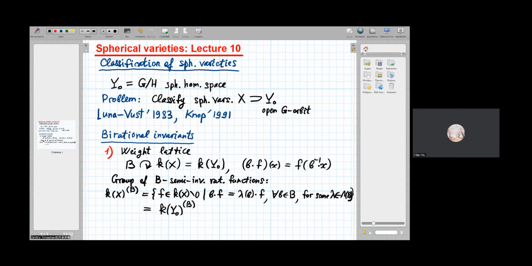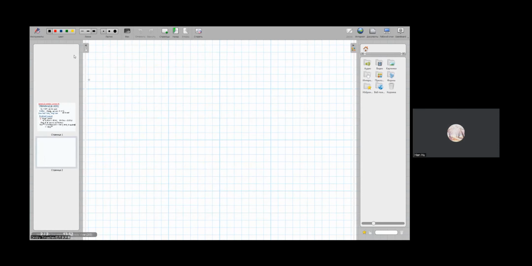Maybe let me write down the definition on the next page. So the weight lattice, let me denote it lambda sub X. Well, of course, it is the same as lambda sub Y naught.